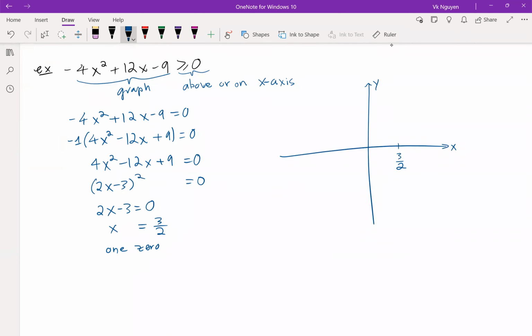The parabola, because the coefficient of x squared is negative, is going to be an upside down parabola. And we have a solid circle at 3 over 2 because we have an equality, equal to, in the inequality.